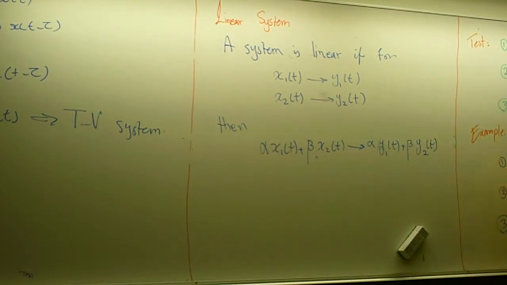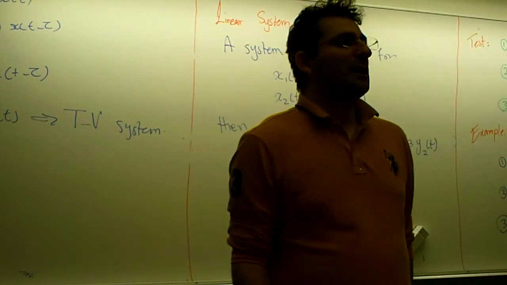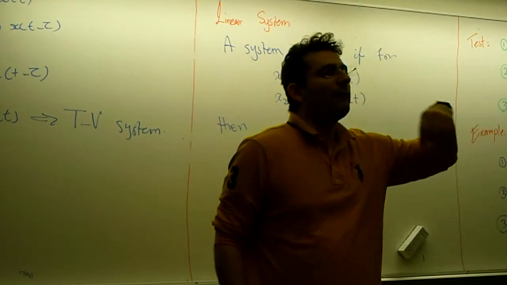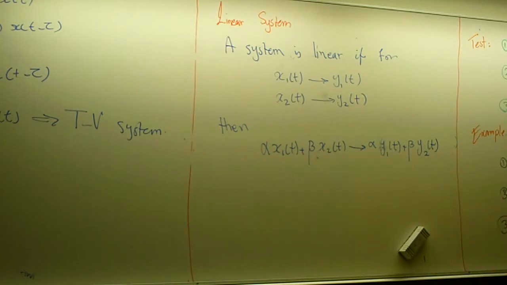A very clear form: if the output is like power 2 or power n, and n is not one of the input, then it is not linear. Then we have the parabolas, or the square roots.